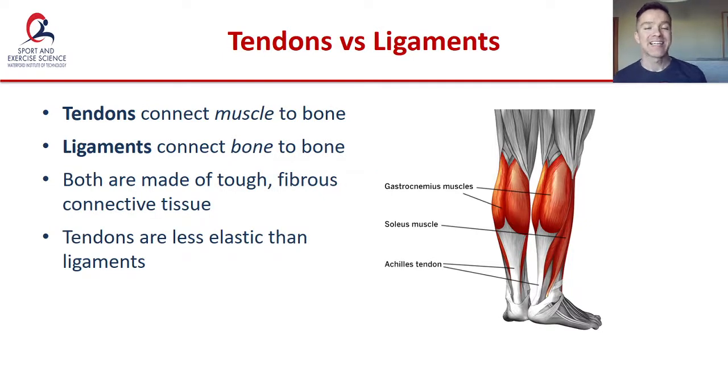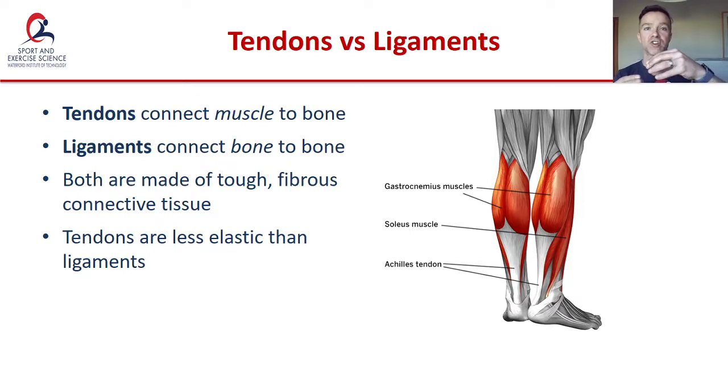Ligaments, on the other hand, connect bone to bone. They are similar to tendons in that they are both made of tough fibrous connective tissue, but tendons tend to be a little bit less elastic than ligaments. You want tendons to be fairly stiff because when you want to generate movement, you don't want any give in your tendons. So imagine if your tendons were elastic, like an elastic band.